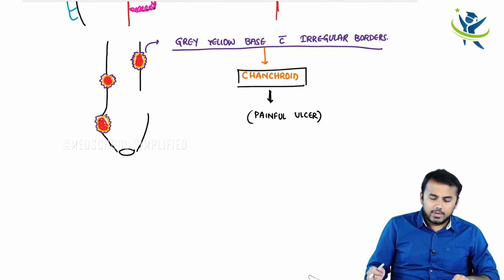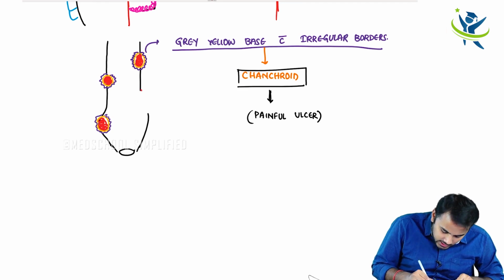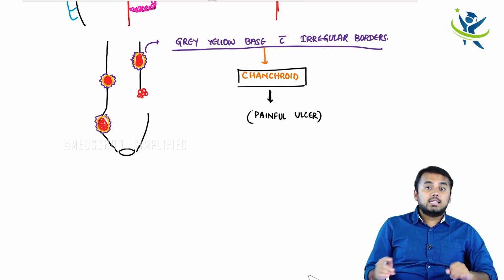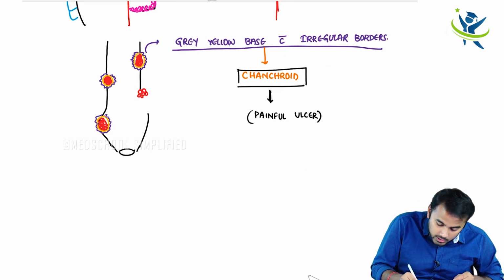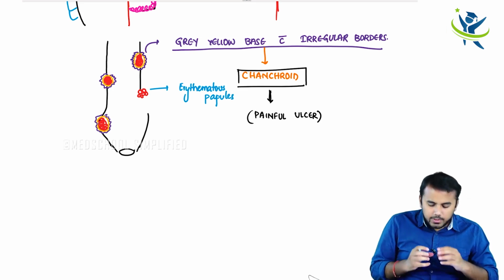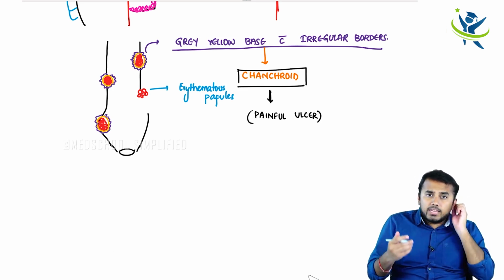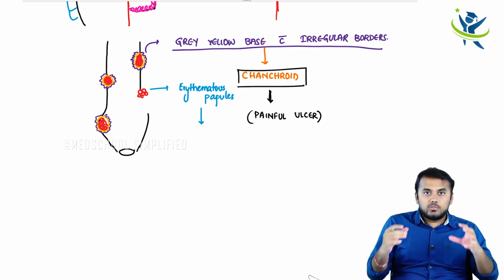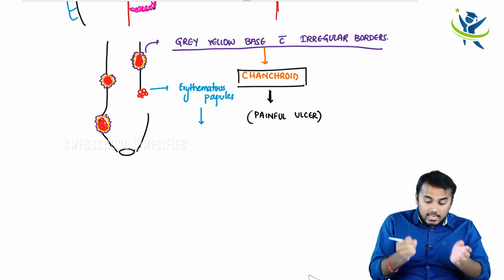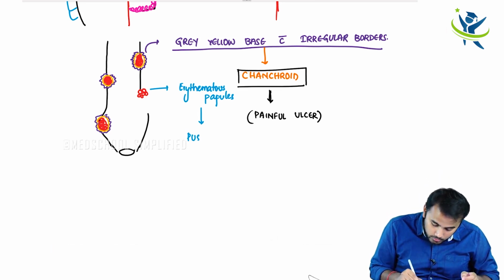The first thing that happens is you will see red papules on the penis. These are called erythematous papules. These papules are very close to each other, and all these papules will join together into one very big papule that is called a pustule.